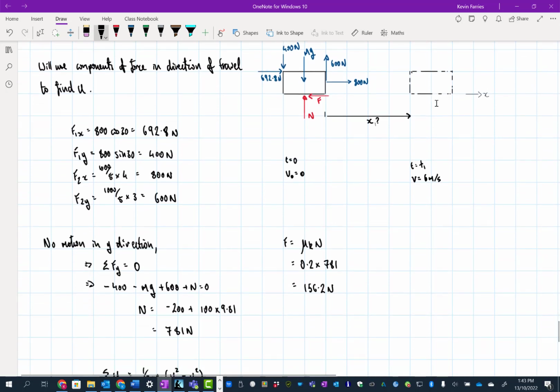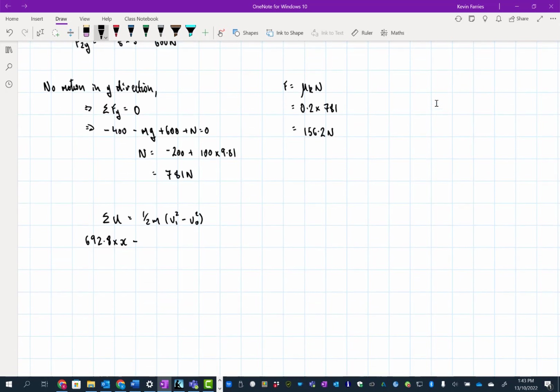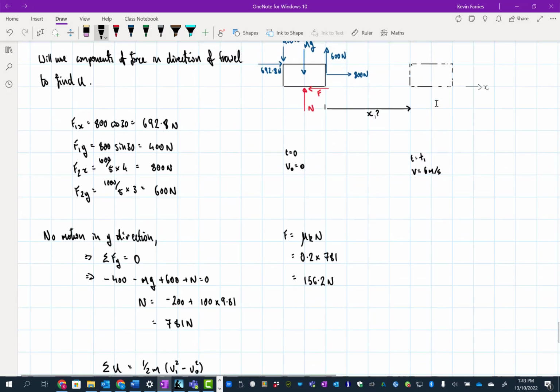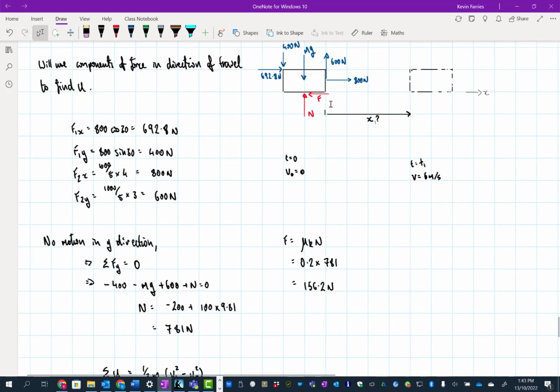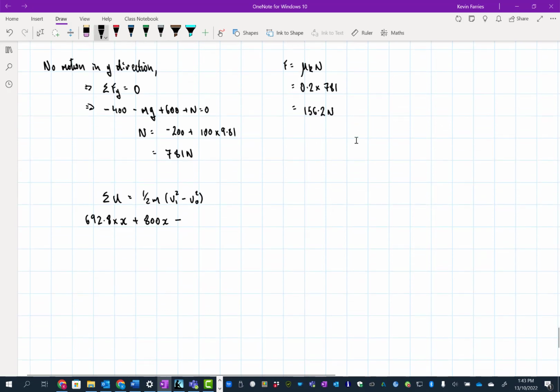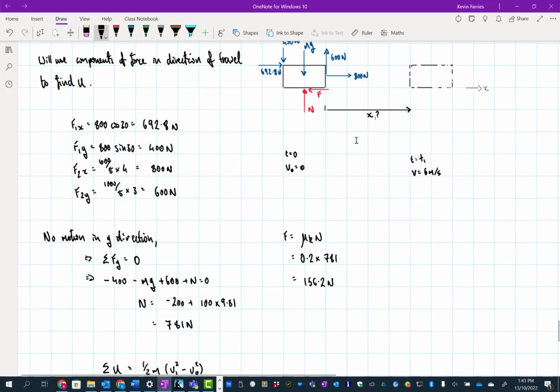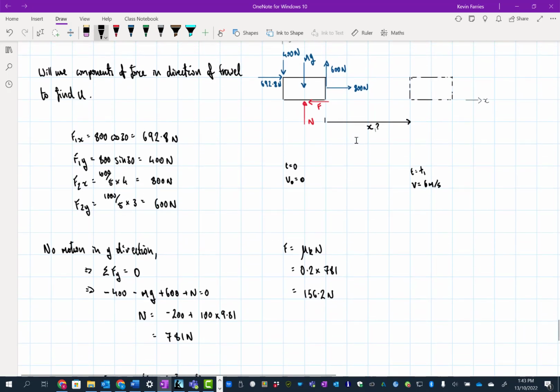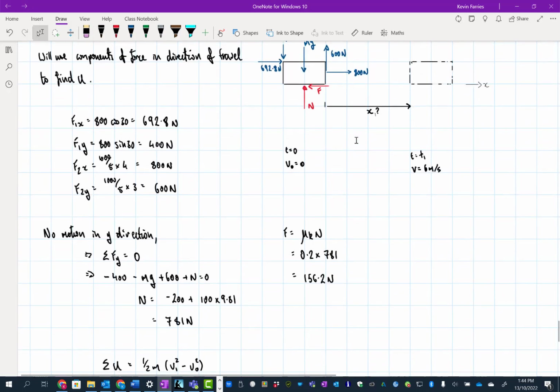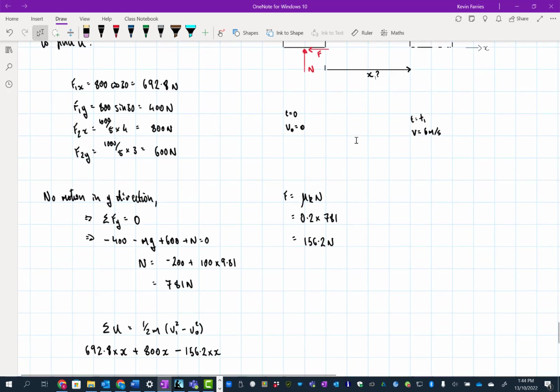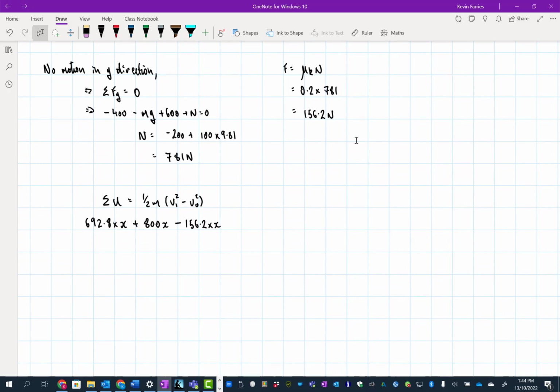Then we've got an 800 newton force, also in the same direction as displacement, so it's a positive work done, plus 800 times x, minus, because friction is now in the opposite direction, 156.2 times x. Have we got any other forces doing work? We've done the 800, we've done the 692, and we've done the friction, so it looks like we're there.